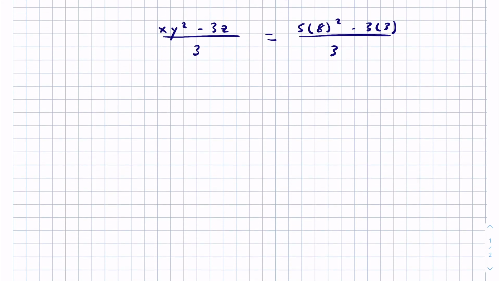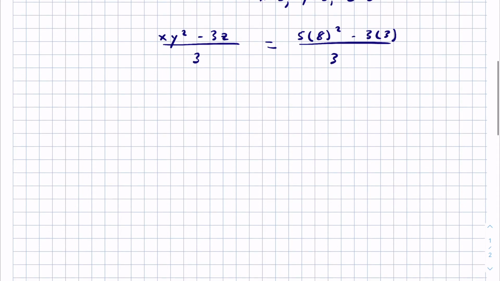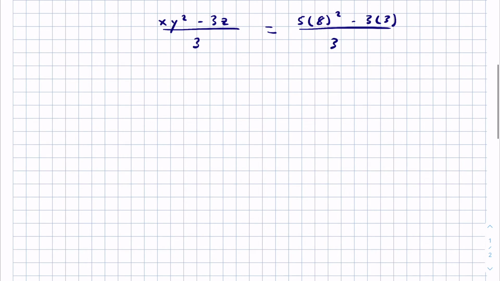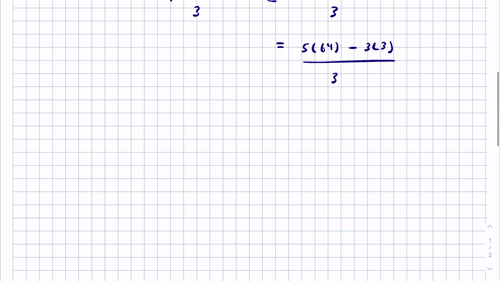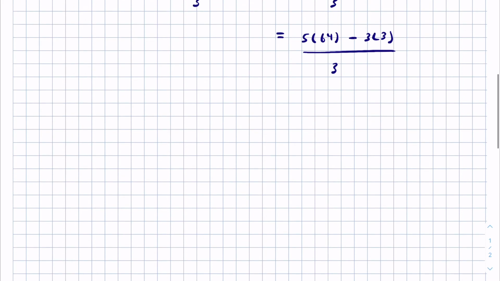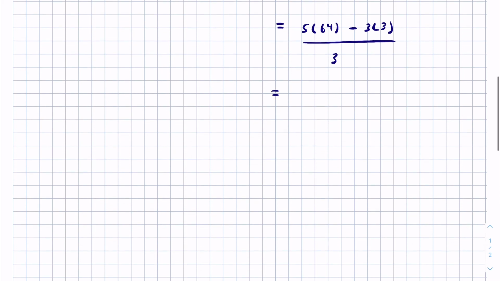After this, we want to evaluate the exponent first, which gives us 64 when we do 8 squared. So that turns into 5 times 64 minus 3 times 3, over 3. Then we evaluate the multiplication, 5 times 64, which is 320. 320 minus 3 times 3, over 3.